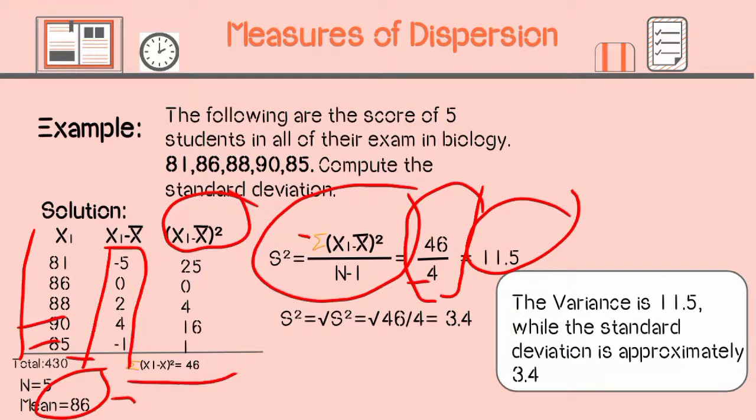Sa paggawa naman ng standard deviation, we're going to use again the value of this. So, s equals the square root of 46 over 4, which is approximately 3.4. So, yun po. The variance is 11.5 while the standard deviation is approximately 3.4.